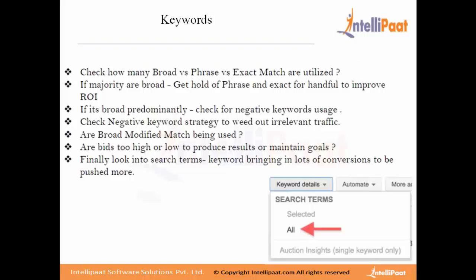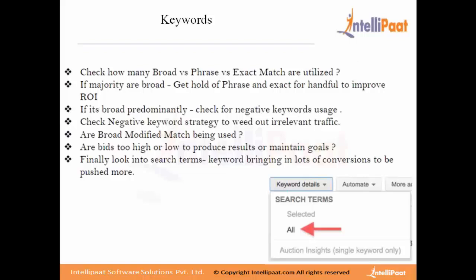You can have one ad group where you have all broad match with a good number of negative keywords, then a second ad group with phrase match, and then another ad group with everything the same and only exact match. So you can check which ad group gave you much better conversions at what price, so that you can conclude which keyword match type is working best in terms of investing money.